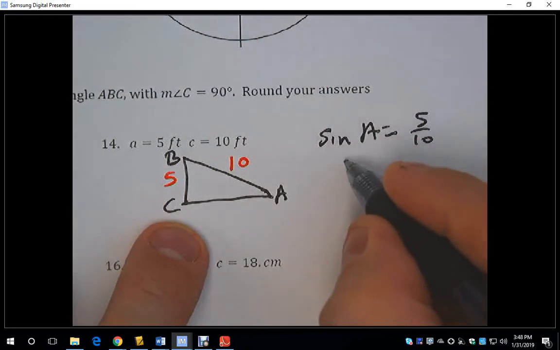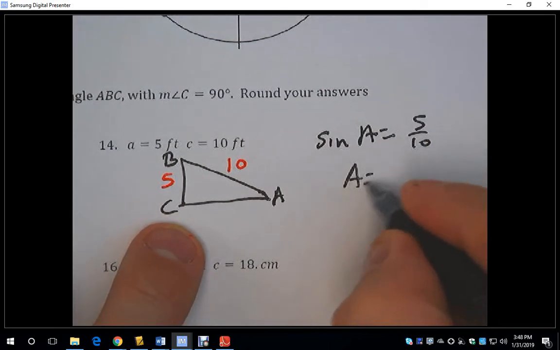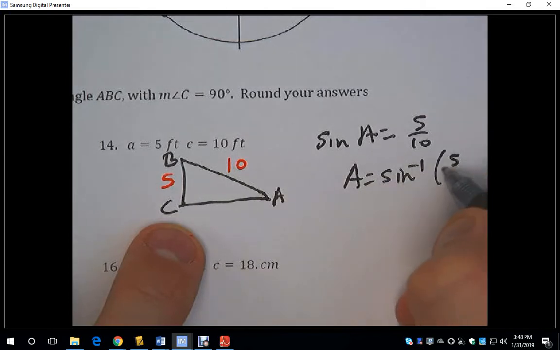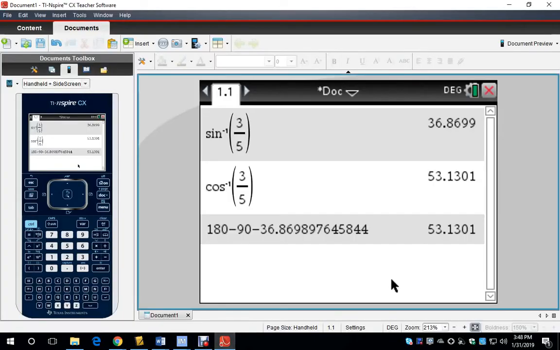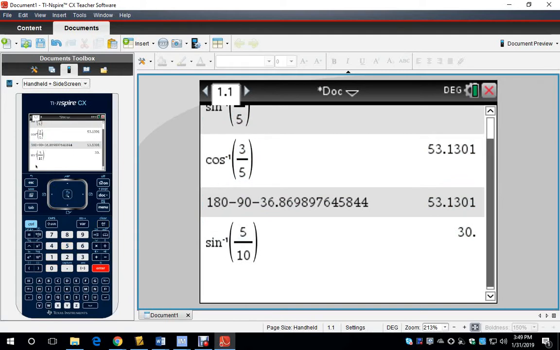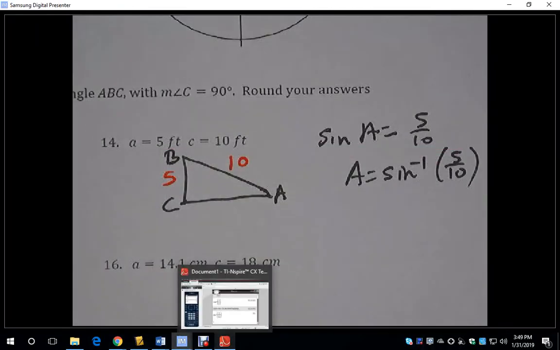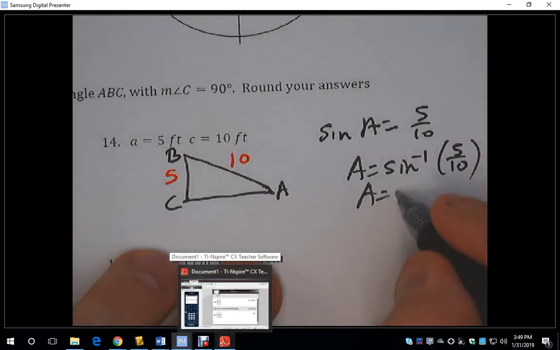Do the inverse of sine, so that A equals the inverse of sine of 5/10. Throw this into our calculator, and the inverse of sine of 5/10 gives me 30 degrees. So A equals 30 degrees.